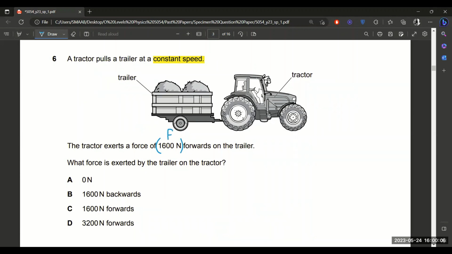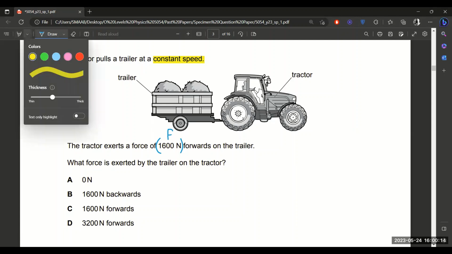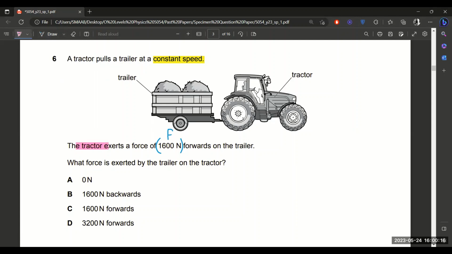What force is exerted by the trailer on the tractor? So this tractor exerts force on the right hand side, in this direction, on this trailer. So they are asking what force is exerted by the trailer on the tractor.